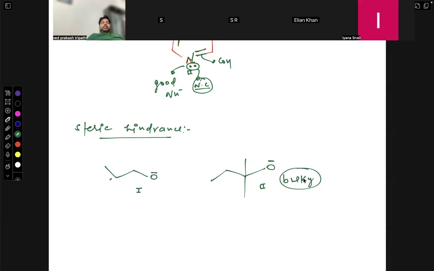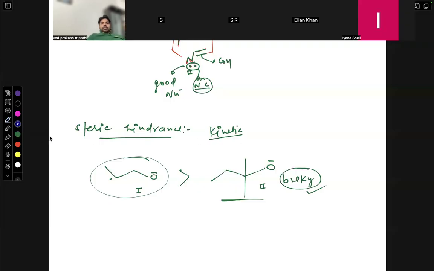Basically, nucleophilicity is a tendency to donate electrons, which means it is a kinetic property. Whenever anything is kinetic, the size is very important. This is a bulky one, so the movement of this group is very complex, but this is a lighter one, so it can move very easily. That's why it is a good nucleophile. Clear?